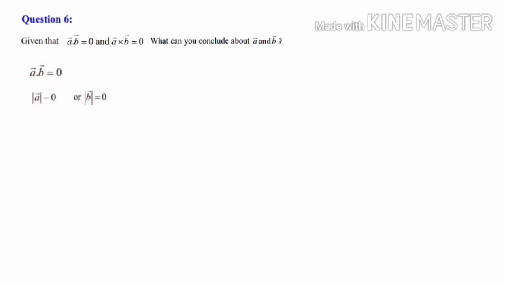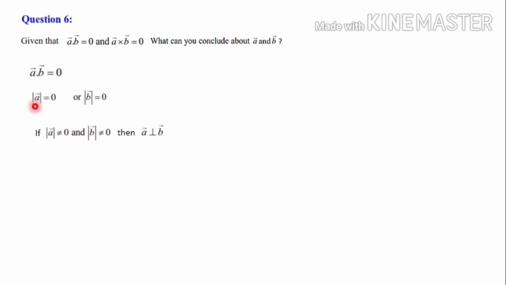Another chance we have already studied as a property of dot product. That is, the first vector is perpendicular to the second vector. If two vectors are perpendicular, their dot product will also be 0. So if modulus of A is not equal to 0 and modulus of B is not equal to 0, then the next chance is vector A is perpendicular to vector B. So here there are two chances arising.